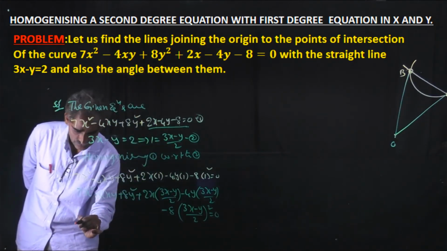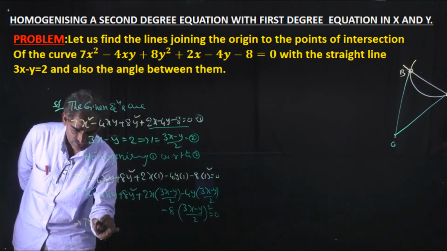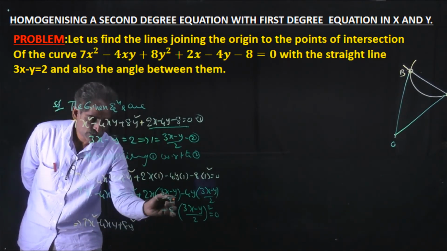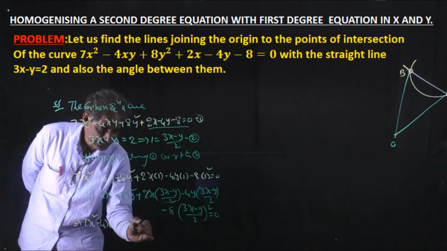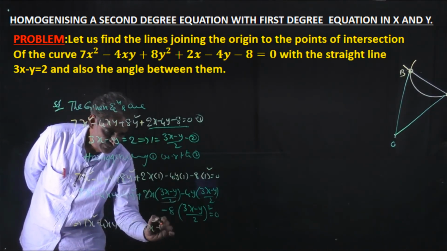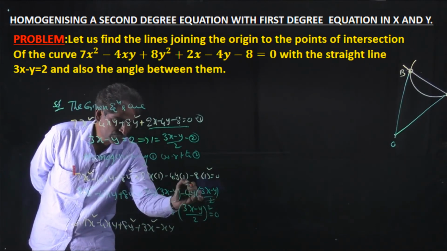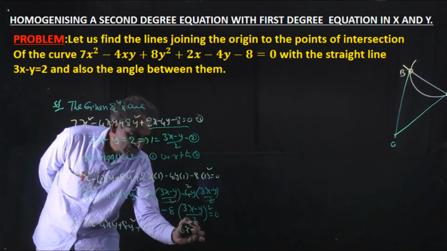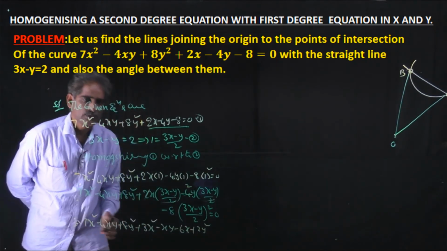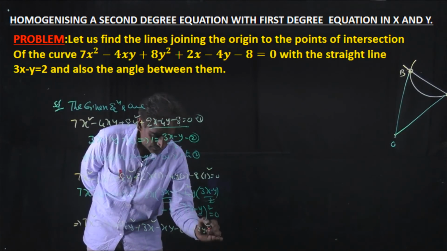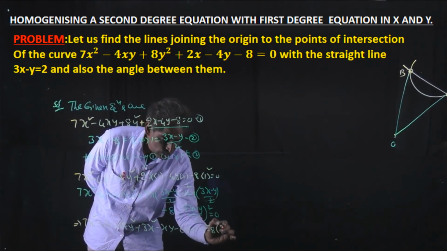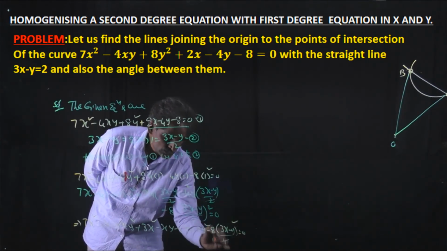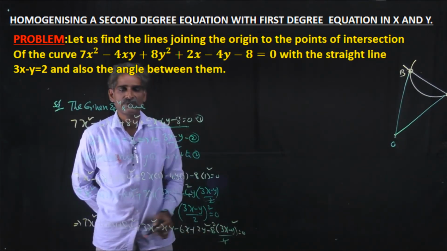Okay, so here you can write 7x square minus 4xy plus 8y square. Here the 2 gets cancelled, then we will get 3x square minus xy. Here also 2 times minus 6xy plus 2y square is equal to minus 8 into (3x minus y) whole square by 4. So just simplify this equation.